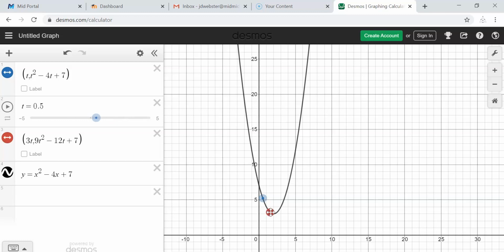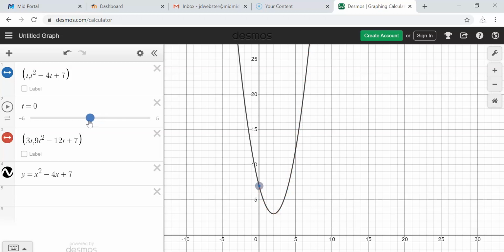So the x value on the red dot is increasing faster than the x value on the blue dot. As you keep moving to the right, as you keep increasing your t, that red dot starts moving faster. Obviously that blue dot will start moving pretty fast, but the red dot is moving at 3 times the rate of the blue dot.